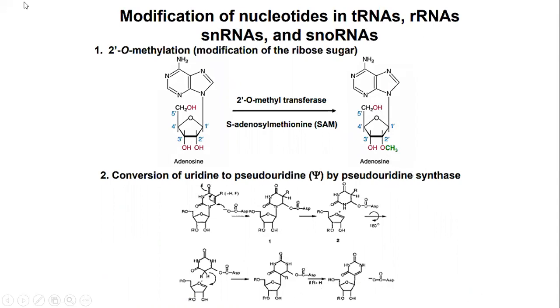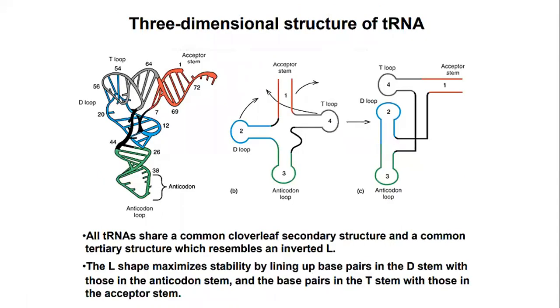And the conversion of uridine to pseudouridine is done by pseudouridine synthase, which is another essential enzyme for the modification of this type of special nucleosides. And I previously told that the presence of these nucleosides is essential for the folding of the tRNA.